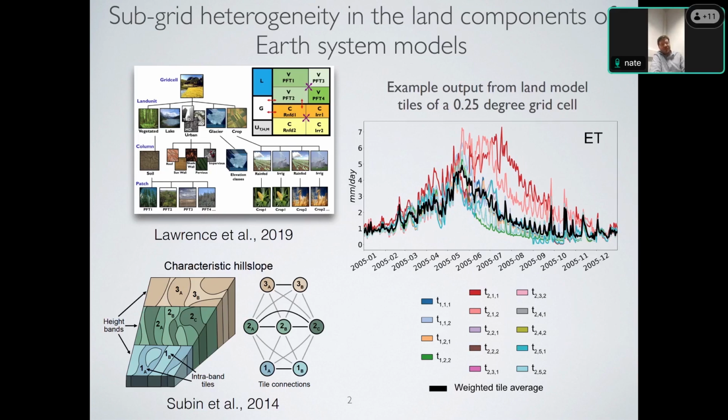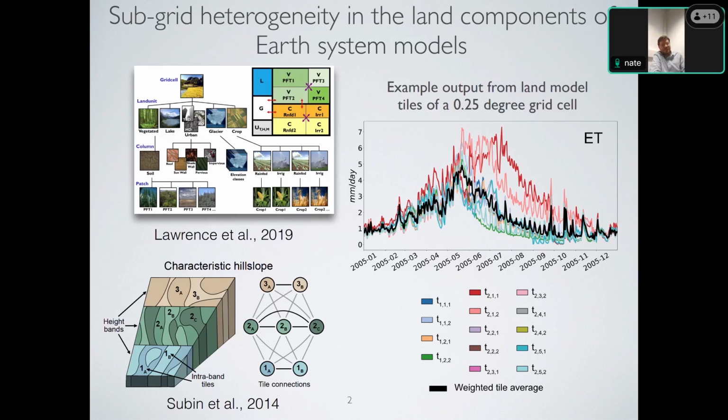On the upper left is a representation of what we call a tiling scheme. To deal with this problem in land surface models, we subdivide our grid cell into tiles with fractional coverage. So 20% might be grassland, 20% might be urban area, etc. On the right-hand side is what emerges.